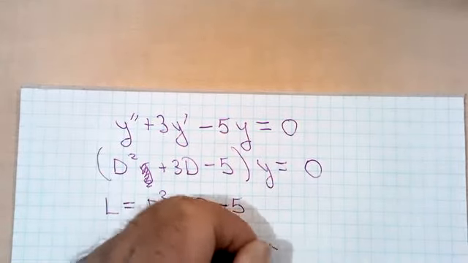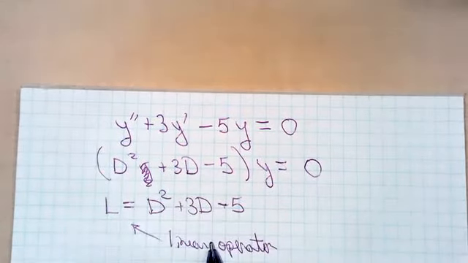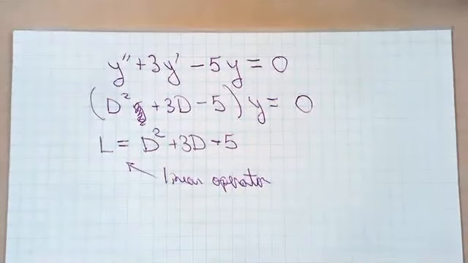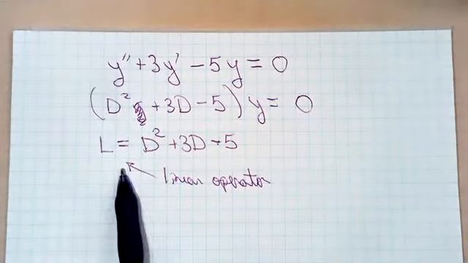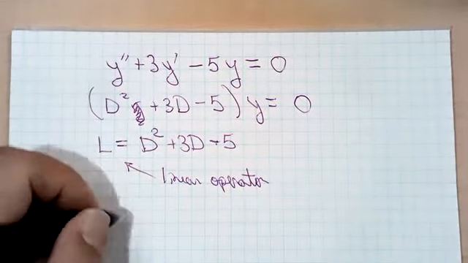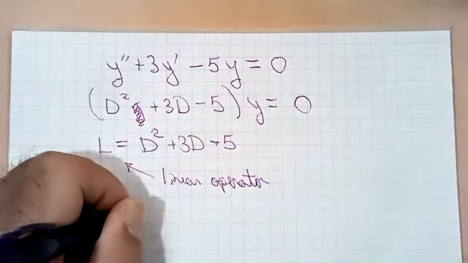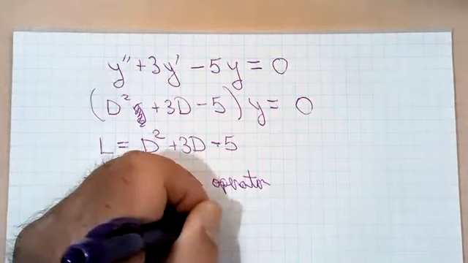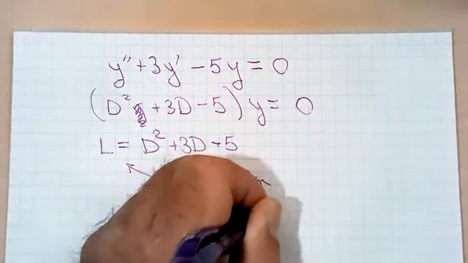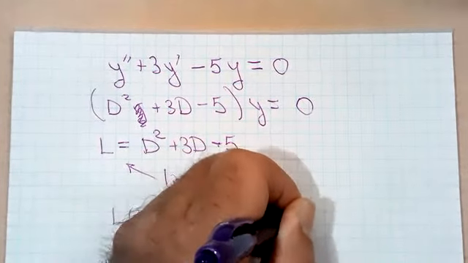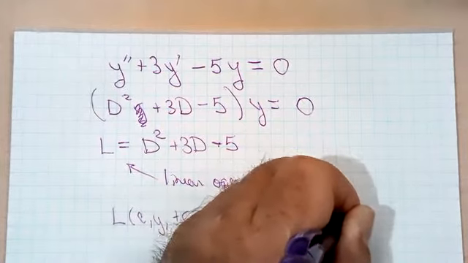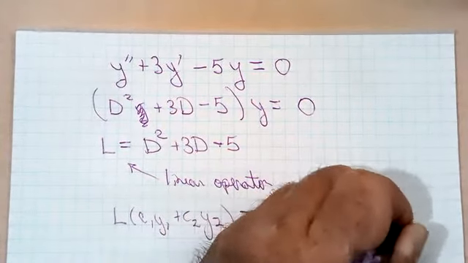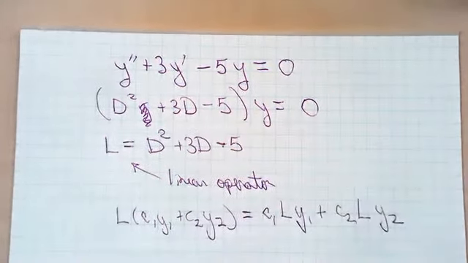Just like the linear operators that we talked about when we were doing linear algebra. So in other words, if you have L of C1y1 plus C2y2, that's the same as C1 L of y1 plus C2 L of y2, where L is this differential operator.